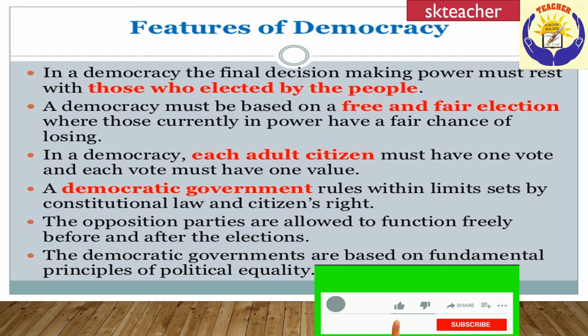Next important one is a democratic government rules within the limits set by constitutional law and citizens' rights. And always in a democracy, opposition plays a major role, as well as every citizen should have the fundamental rights. So with this, we found the answer for the question, what is democracy?